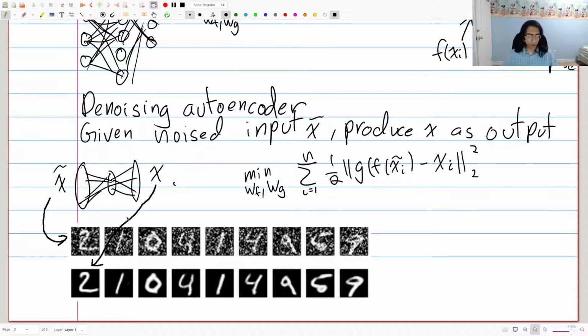So what autoencoders at their heart really do is they learn something about the structure of a data set. Given this set of images, each takes almost 800 dimensions in order to represent them. But this is really redundant.